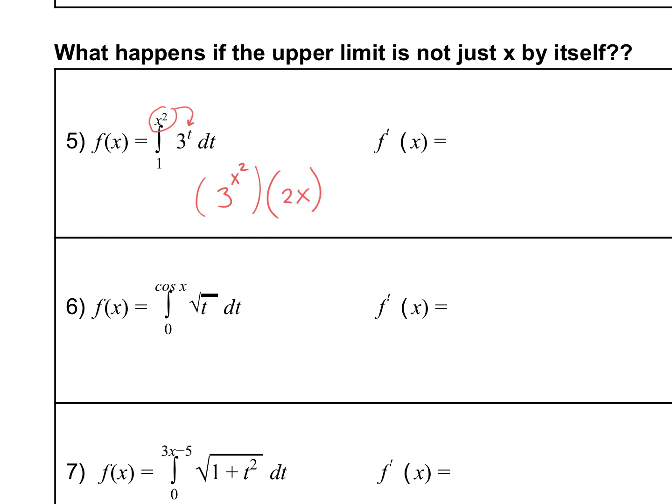So there's kind of 2 steps to the shortcut. I'm going to put them in right here. The first step, plug in x, okay, excuse me, I have to be a little bit more specific. You plug in your upper limit for t. So that's what we did here. I plugged in x squared for t.